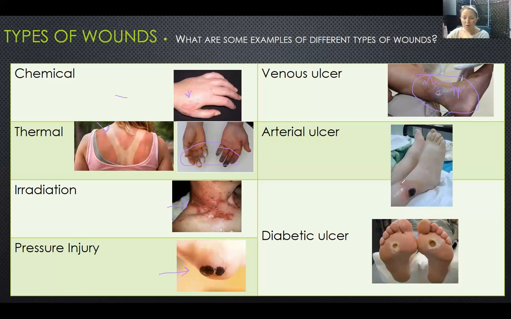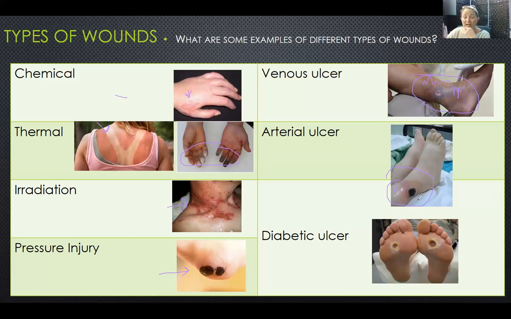Down here we have an arterial ulcer, which is due to poor blood flow getting to the extremity. So ischemia could lead to that. So when you look at that area around the wound, we see the skin is shiny and pale. You'll see a loss of hair growth in that area a lot of times.